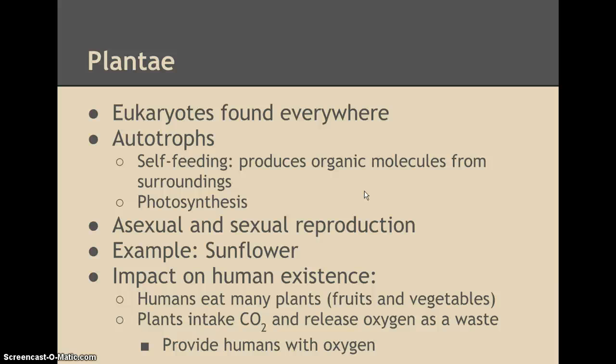They could reproduce by either asexual or sexual means. An example of a plant is the sunflower. They impact human existence because humans eat many plants, like fruits and vegetables, of course. And plants intake CO2 and release oxygen as a waste, and that provides humans with oxygen. Of course, we need oxygen to survive.